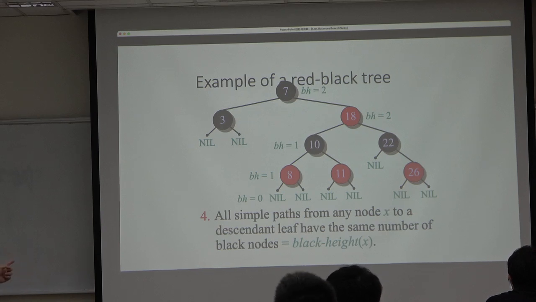How many leaf nodes do we have? 1, 2, 3, 4, 5, 6, 7, 8, and then we have an additional one here, so 9. So the number of leaf nodes will be 1 plus the number of internal nodes, because in the red-black tree, the keys only appear in the internal nodes.